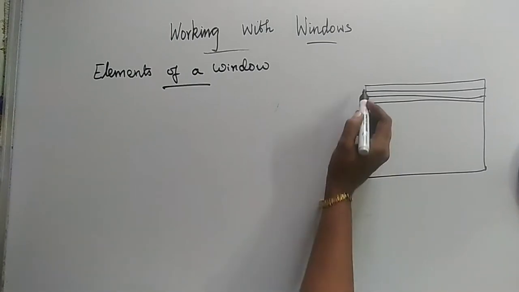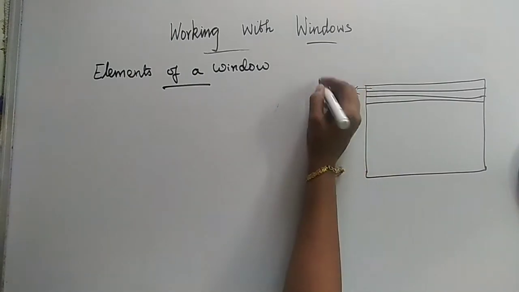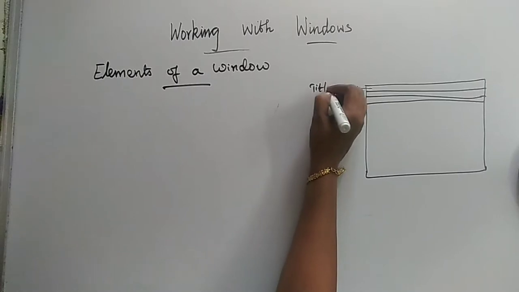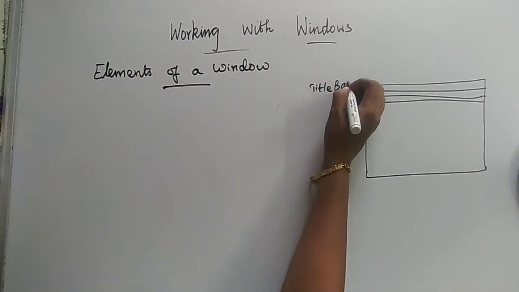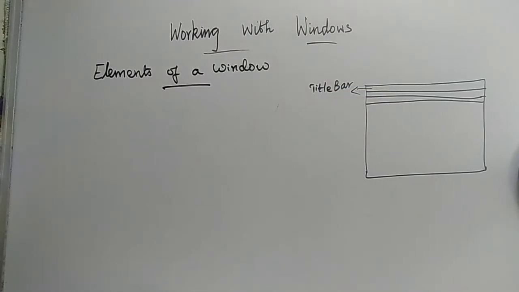The first line you have is called the title bar. The title bar displays the name of the application and the name of the document that you have opened.